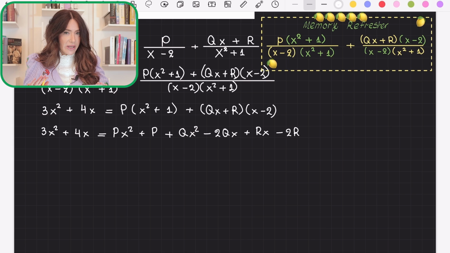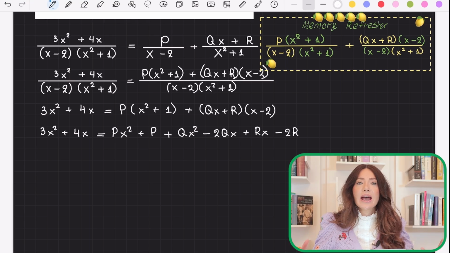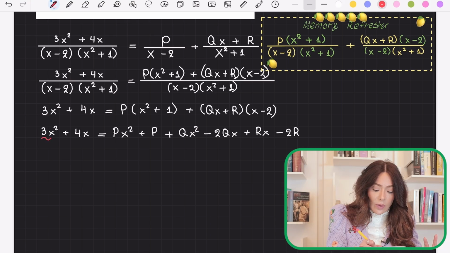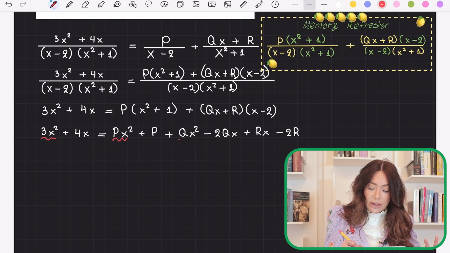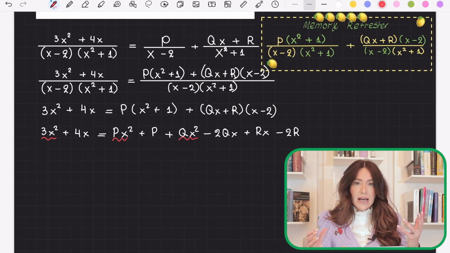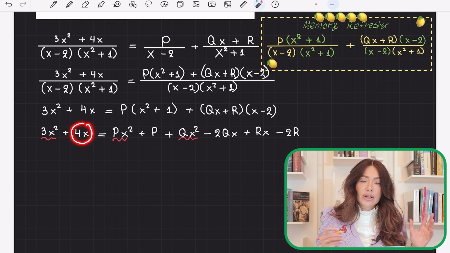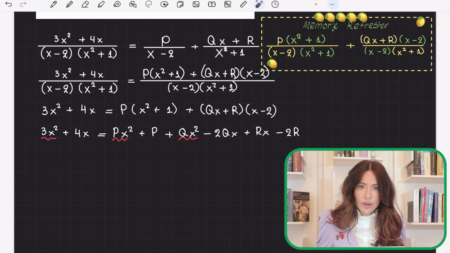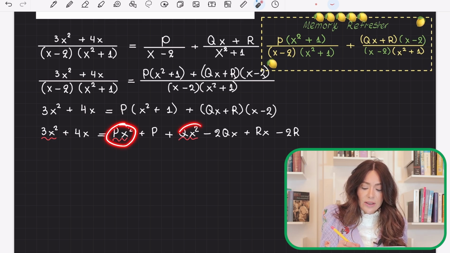Now I have 3 unknowns. I need 3 relationships, and I have different sorts of things going on. I have x squares, I have linear x's, and I have just constants, okay? I'm going to underline x squared terms and use this idea that linear x is not going to contribute to x squared terms.